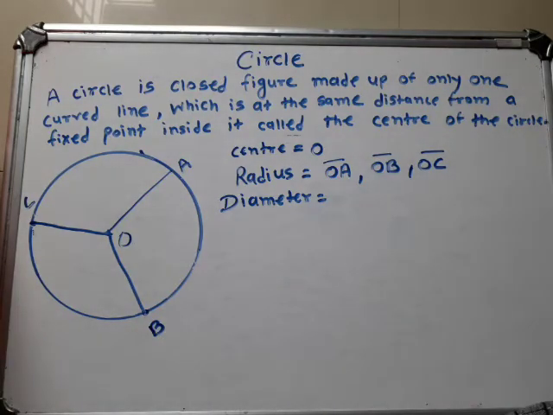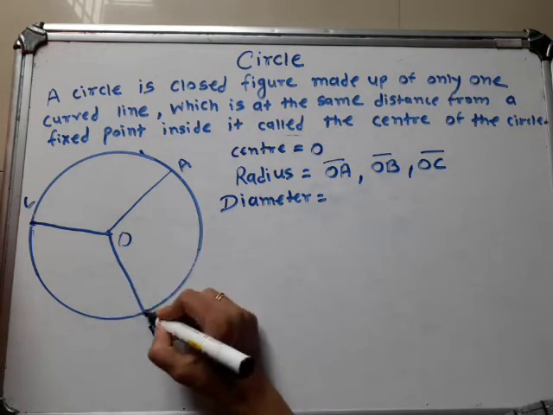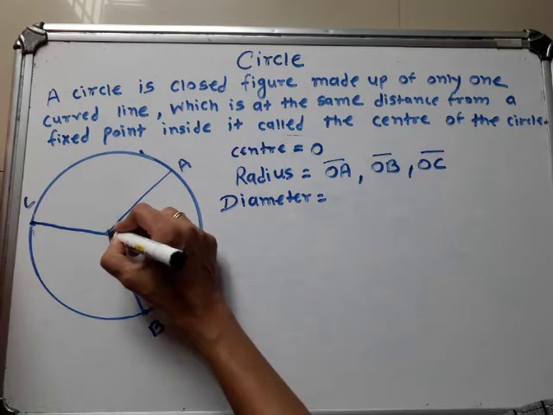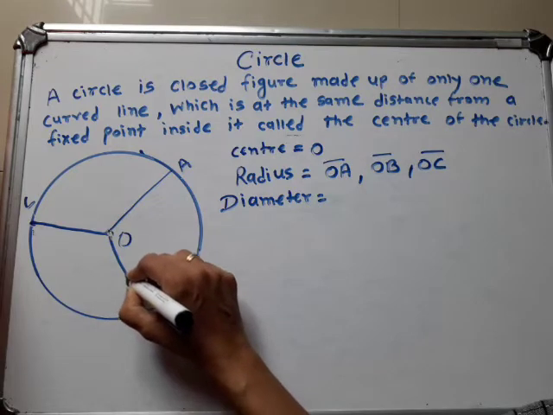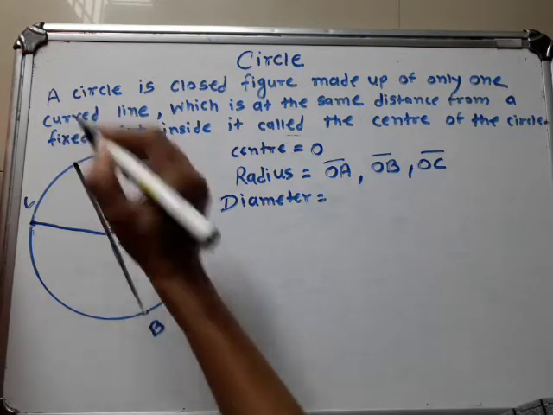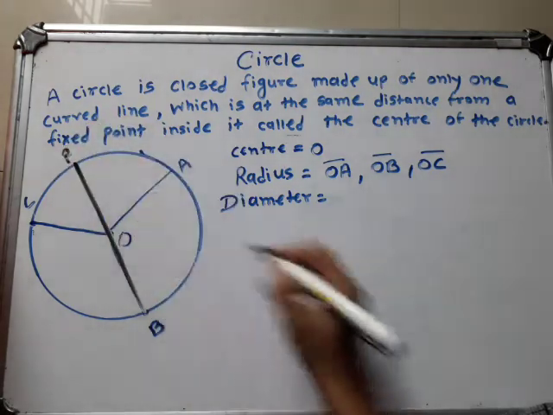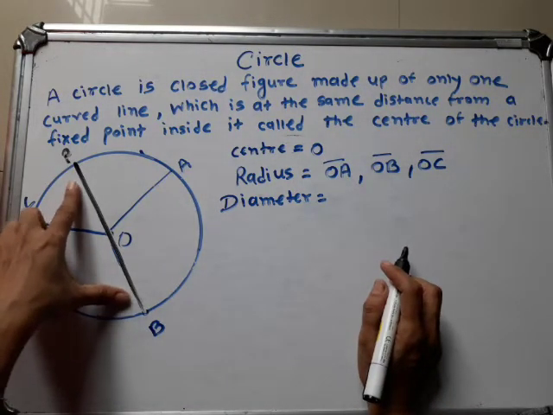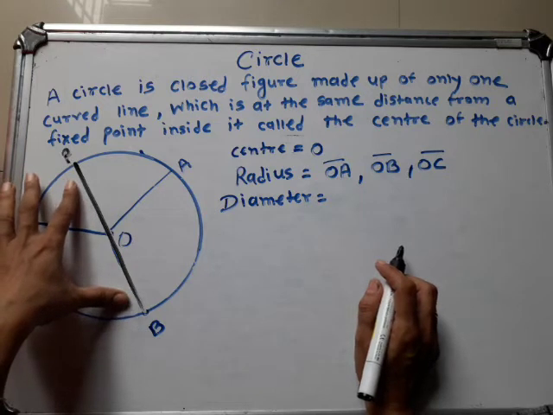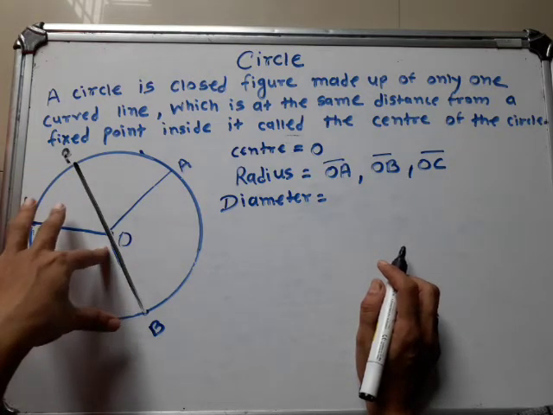The diameter is double the size of the radius. Here OB is from the center, and we continue this line OB. Now we take point P. So this is the diameter. Diameter means the line segment passing through the center.